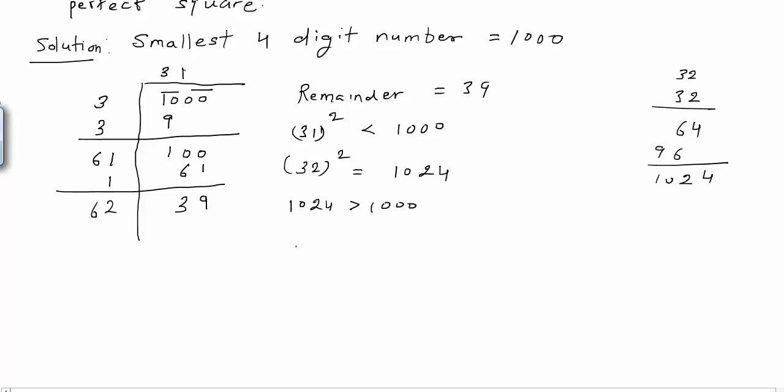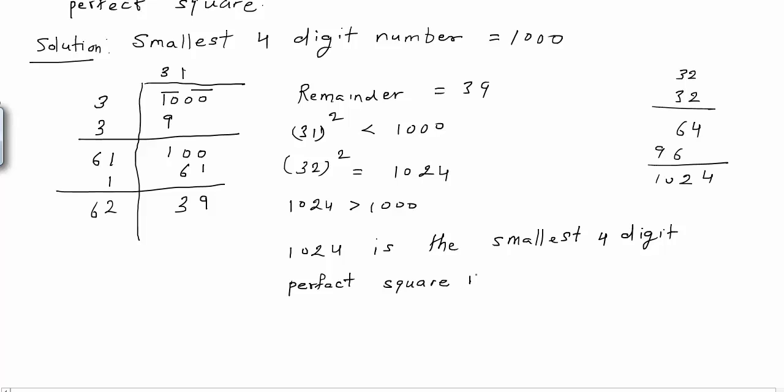We will say that the 1024 is the smallest four-digit perfect square number. Find the smallest four-digit number which is a perfect square.